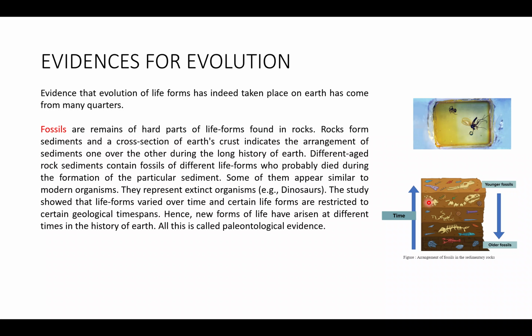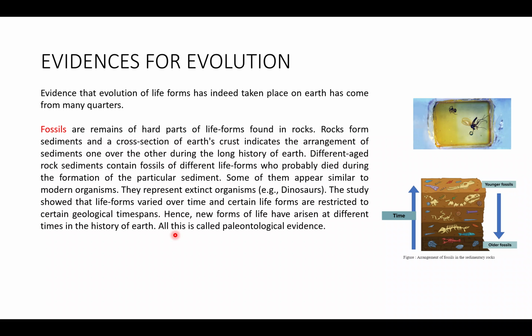So it says that different kinds of organisms existed during different periods of time and went extinct, and from them another set of organisms arose, and the organisms that died are the ancestors of the organisms existing today.